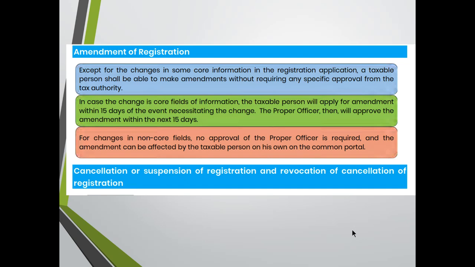After verification, they would either accept your amendment or reject it after asking for some clarification. Then again, if it is not satisfactory, it would be rejected. So this is the fundamental way in which you would go about those things.